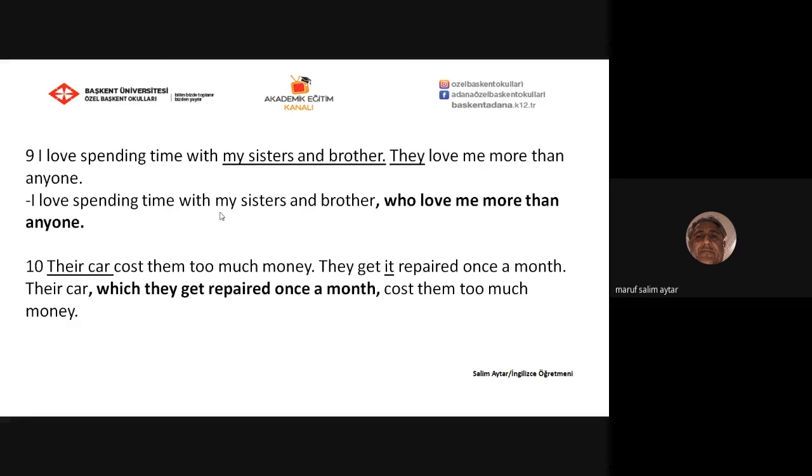I love spending time with my sisters and brother, who love me more than anyone, and of course, because it shows extra information, we need to use a comma here. Their car, comma, which they get repaired once a month, comma, costs them too much money because this information is extra. It just gives us extra information, therefore it should be put into commas.